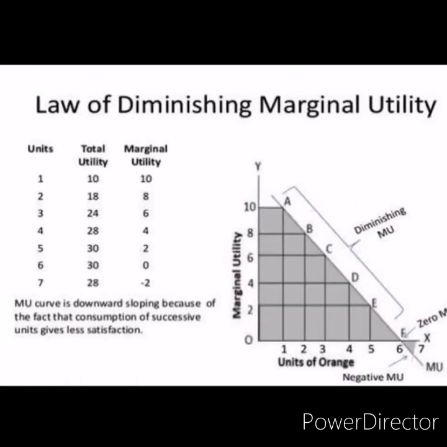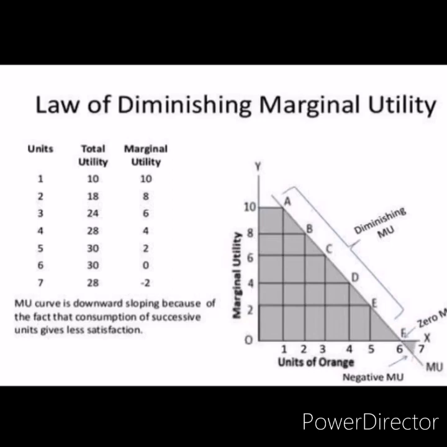So this is the diagram and schedule of the law of diminishing marginal utility. First of all, they give the units 1, 2, 3, 4, 5, 6, 7. So these are the units of apple, or you can say units of orange. And total utility is 10, 18, 24, 28, 30, 30 and 28. So as I told you, total utility first increases at a diminishing rate, then it becomes constant, and after that it starts declining.